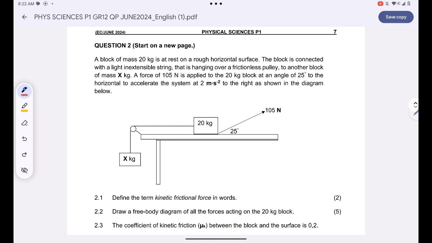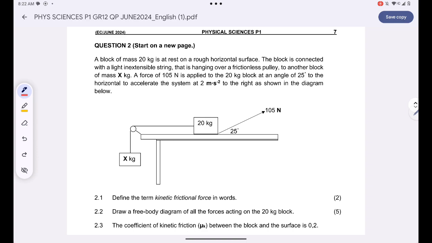Okay. A block of mass 20 kg is at rest on a rough horizontal surface. The block is connected with a light inextensible string that is hanging over a frictionless pulley to another block of mass x kg.